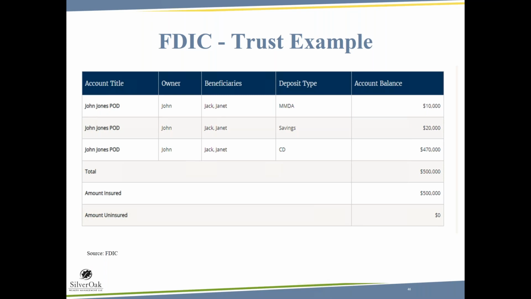So the way the FDIC looks at it is the maximum insurance coverage for these 3 accounts is calculated as one owner times 2 beneficiaries, which would equal 500,000. So John, in this case, is fully insured. Excellent. Now, the other point I'll make is that you can add up to 5 beneficiaries. And so that coverage would then be $1,250,000.